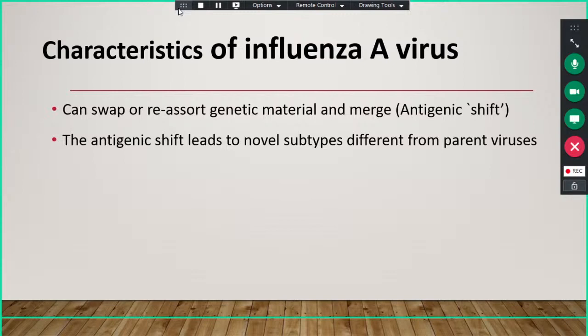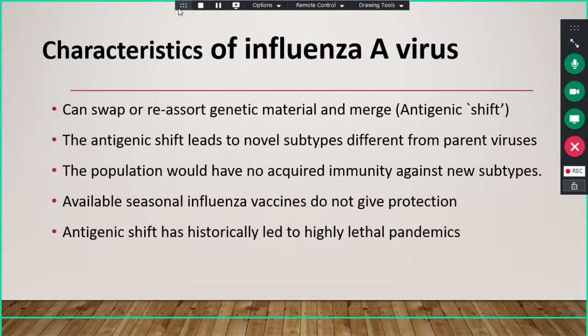We need to understand the characteristic of influenza A virus. Influenza can swap or reassort genetic material and merge, and that is called antigenic shift. The antigenic shift leads to a novel subtype different from the parent viruses, and the population would not have immunity against the new subtype once there is a major shift in the material of influenza.